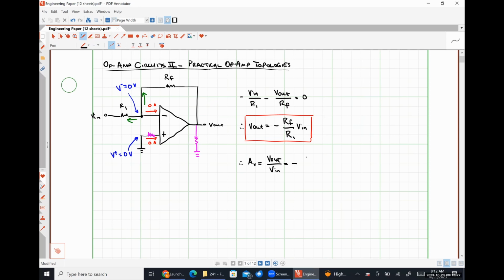And for this particular circuit, our voltage gain is negative RF over the resistance R1. So the gain of this system is described entirely by the ratio of the resistors that are used to bias this circuit. This is one of the principal advantages of negative feedback systems, is that usually our system gain will depend only on what we bias it with and not the internal gain of the op amp itself, which, by the way, happens to usually be on the order of several 100,000.